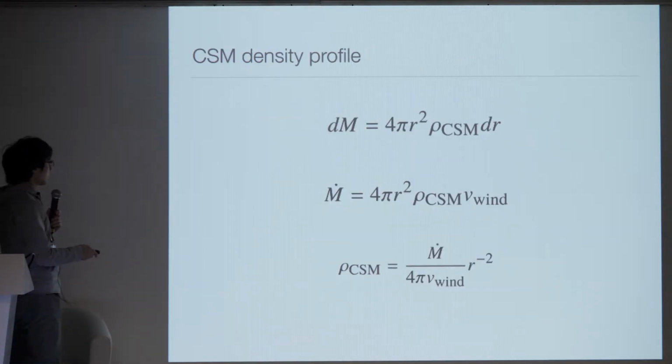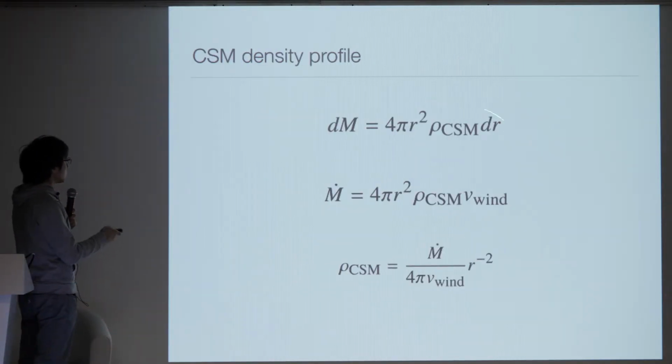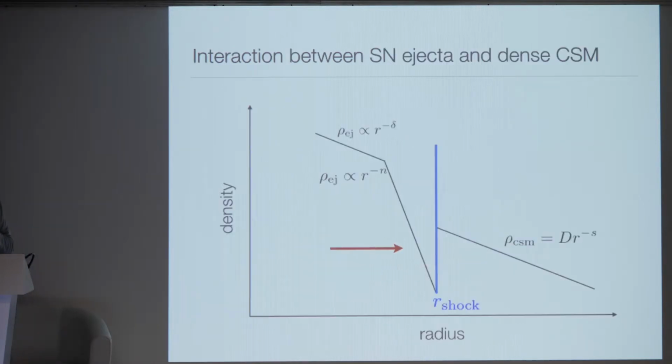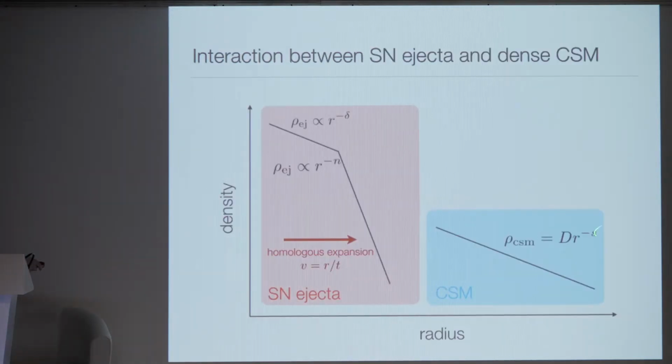If we do a very simple conservation of mass, then what you expect from a steady wind is a simple power law density structure from constant mass loss rate and constant wind velocity. If this S, which I wrote here, is coming from steady mass loss, then it should be just 2.